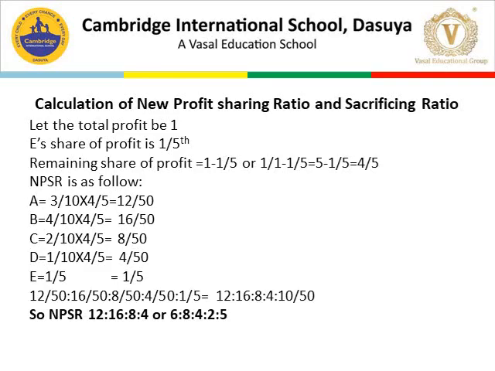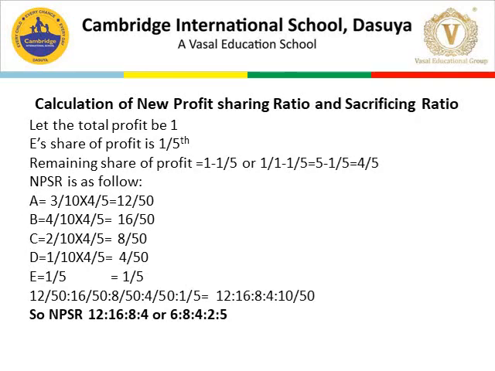But we cannot say this is the new profit sharing ratio, as the denominators of all the partners are not the same. So first we have to equalize the denominators by taking the LCM of 50 and 5. The LCM of 50 and 5 is 50. So after the LCM, A's share is 12, B's is 16, C's is 8, D's is 4, and E's is 10 upon 50.